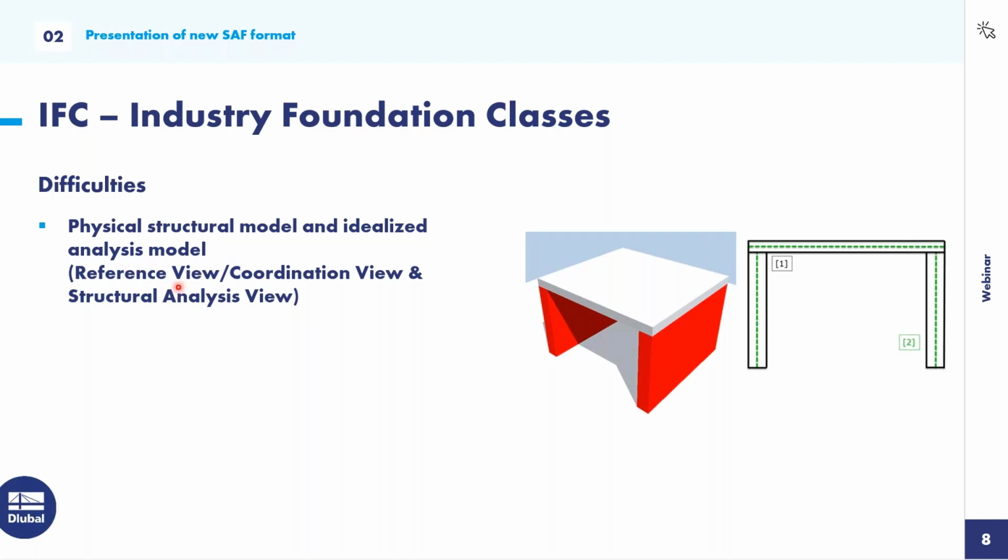On the one hand, the reference view, the coordination view, and on the other hand, the structural analysis view. Basically, the CAD programs model the components as volume models. And we as structural engineers model, instead of walls or concrete slabs, surfaces or lines, members. So CAD programs and structural analysis programs are talking two different languages.